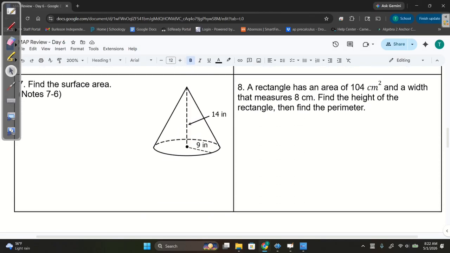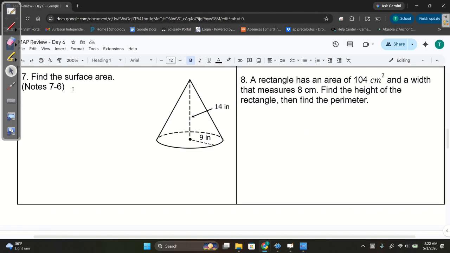Number 7, find the surface area of this cone. Well, the formula for the surface area of a cone is pi times radius times the slant height plus pi r squared. The radius is 9, but the slant height we don't know yet.